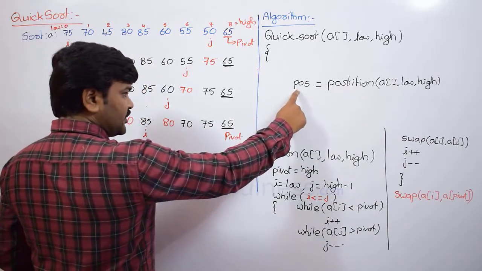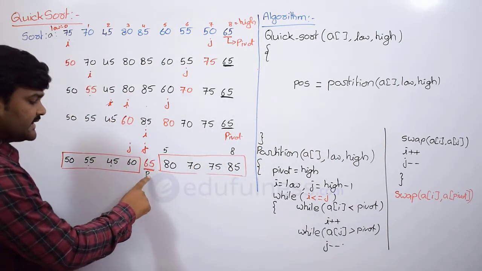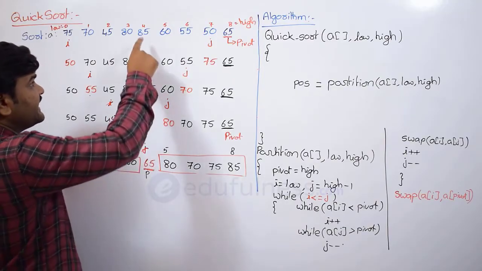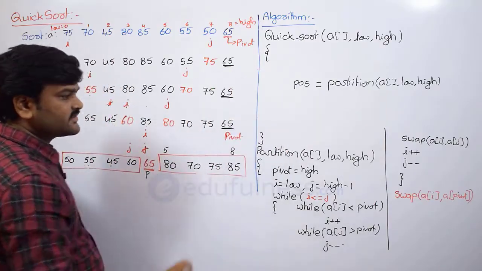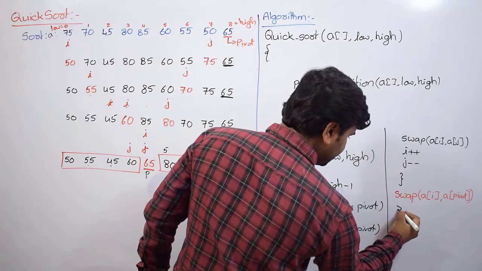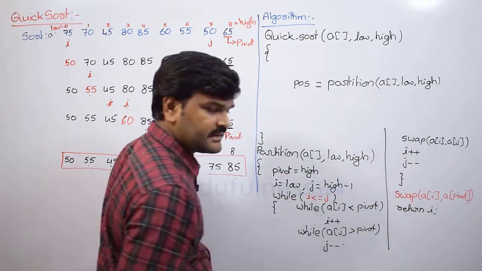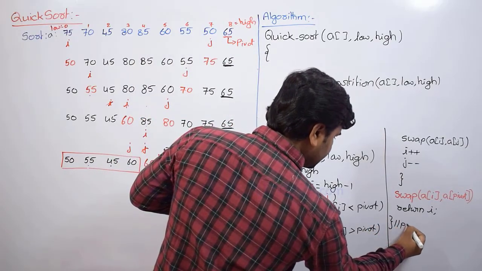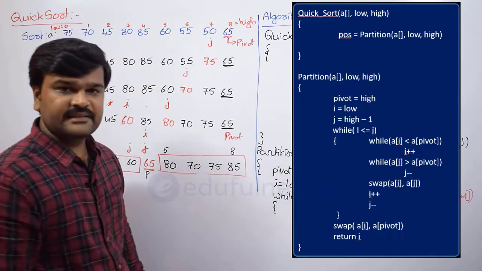Here you must know where this pivot is placed. That position you have to return. So I have to return the index number 4, so that accordingly the remaining work is going to be performed. So that is why this function is going to return i actually. Return i. With that, the partition function is completed. Partition is completed. Is it clear?